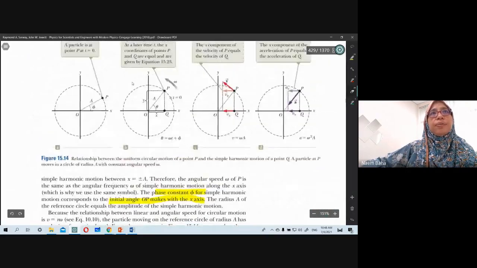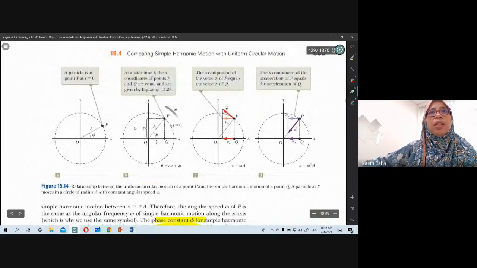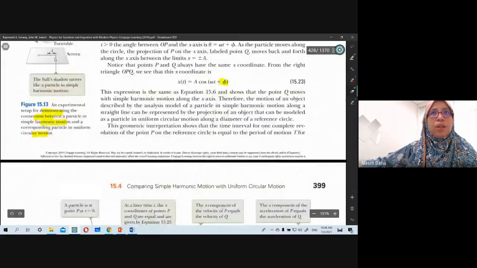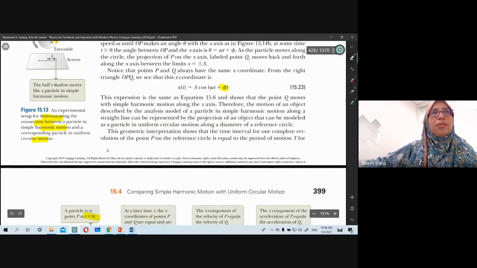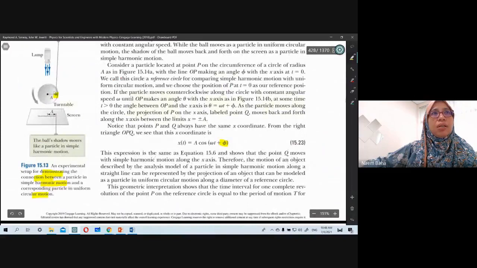Let's have a look. This figure is actually correlated to this figure, but let's say that the experiment does not start at the amplitude. It starts at, as what you see here, when t is equivalent to 0, there is this angle. Okay, it means that the shadow is somewhere less than amplitude.